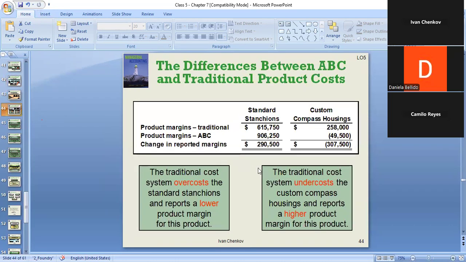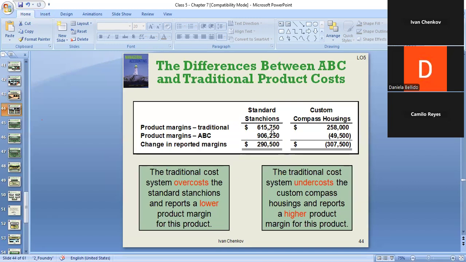So for that reason, once we compare traditional with activity-based costing, we can see that on the standard sanction, we have a change in operating margin of almost $300,000 going down, and in the custom compass, 300,000 plus going up. So when we're using the traditional costing, that overcosts the standard sanction.